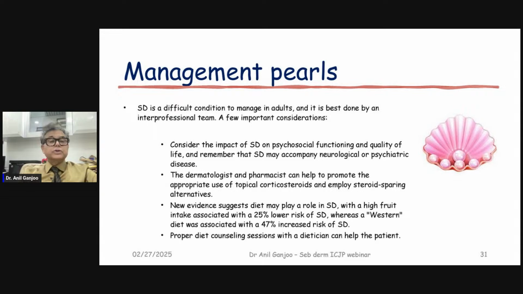The dermatologist can be helpful in guiding the patient and the physicians with the proper use of topical corticosteroids. We talked about the classes of corticosteroids that are available. You can have the strongest of the steroids, you can have the mildest of the steroids. So generally, we resort to the mildest of the steroids, and once we have brought the disease under control, we come to steroid sparing agents like calcineurin inhibitors, tacrolimus or pimecrolimus.